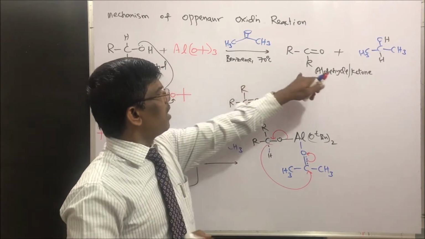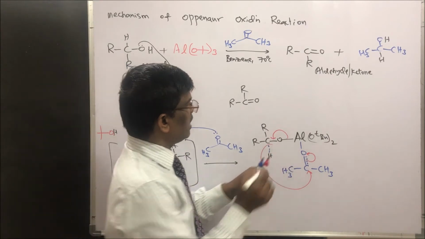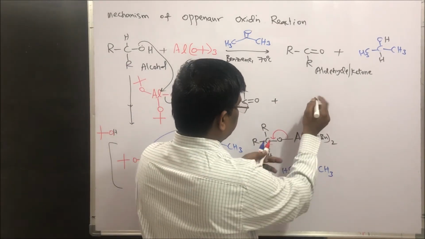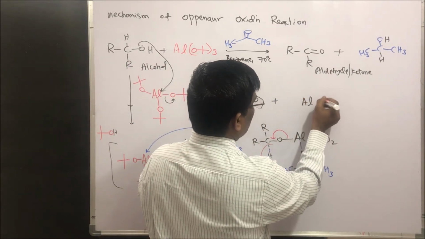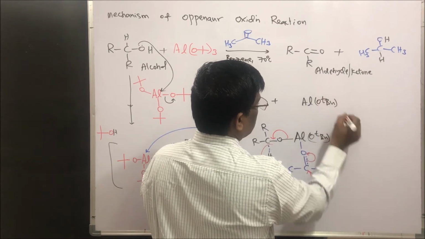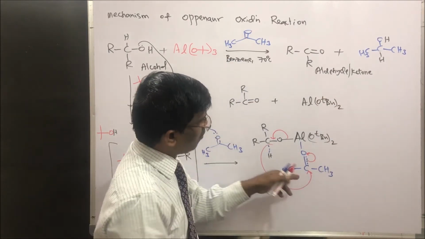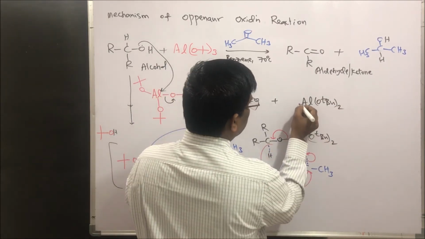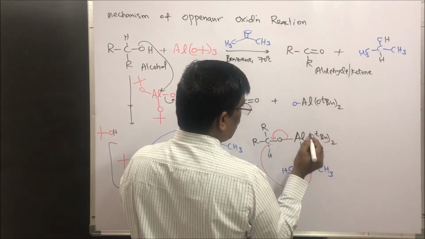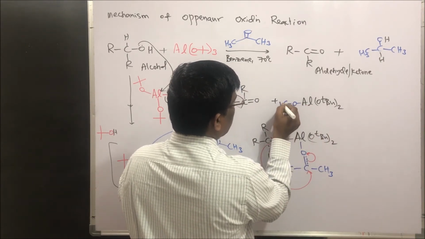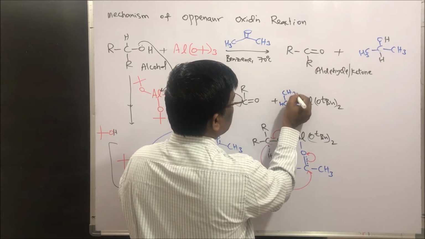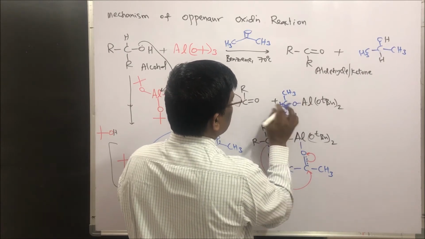This is our product. And what about this reagent? Aluminium O tertiary butyl, it is 2 times, and now this is also attached to here O, CH and CH3, CH3.